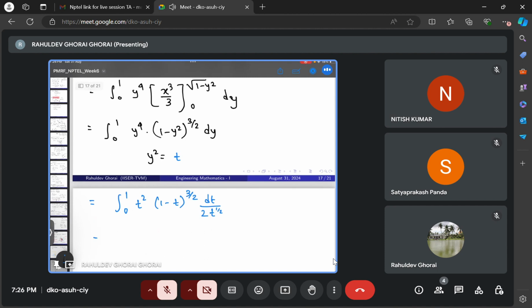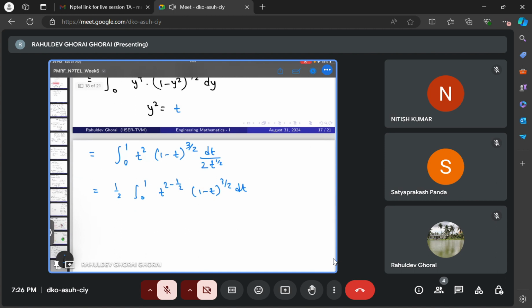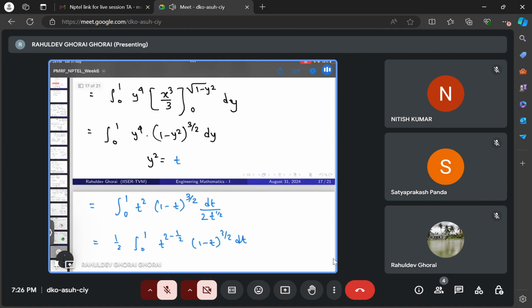So that implies half, 0 to 1, t to the power 2 minus half, 1 minus t to the power 3 over 2 dt. Is it okay? Please check whether I made any mistake or not.